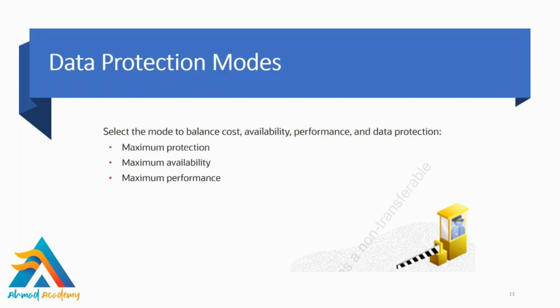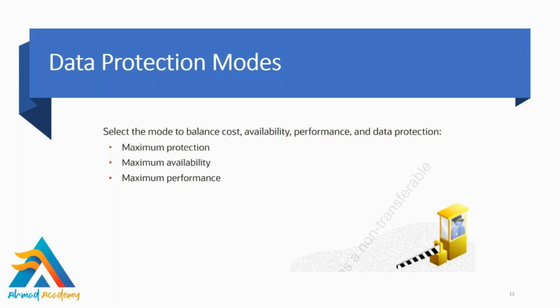Instead, the primary database operates in asynchronous mode until the fault is corrected and all the gaps in the redo log files are resolved. When all the gaps are resolved, the primary database is synchronized with the standby, and then it automatically resumes operating in maximum availability mode. This mode guarantees that no data loss occurs if the primary database fails, but only if a second fault does not prevent a complete set of redo data from being sent from the primary database to at least one standby database.